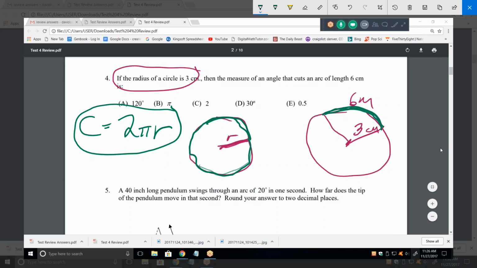So I know that with a 360 degree angle, my circumference has to be 2 pi r. And they're telling us that the arc length is just double the radius.